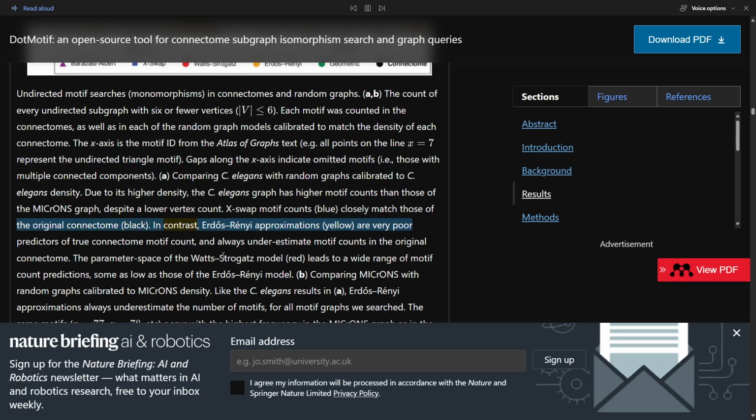In contrast, Erdos-Renyi approximations, yellow, are very poor predictors of true connectome motif count and always underestimate motif counts in the original connectome. The parameter space of the Watts-Strogatz model, red, leads to a wide range of motif count predictions, some as low as those of the Erdos-Renyi model.